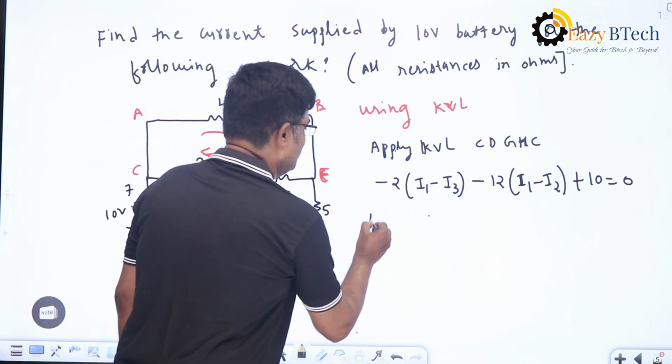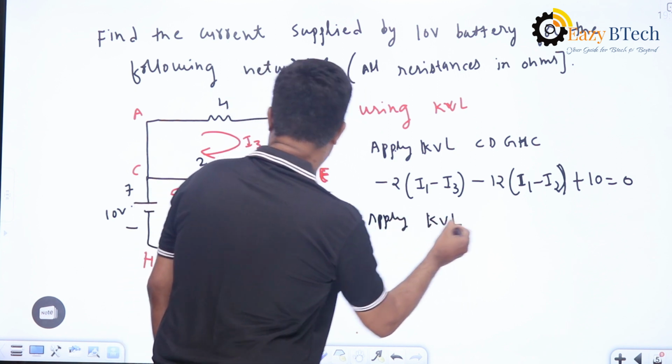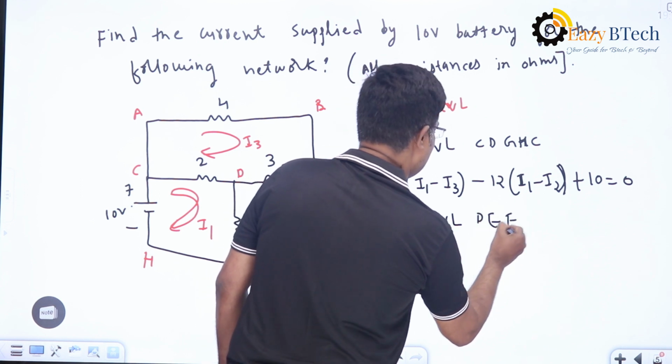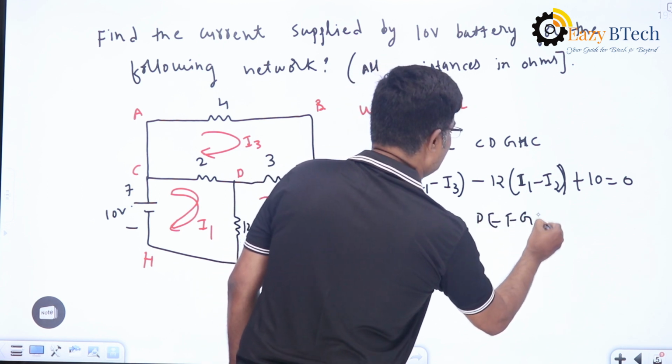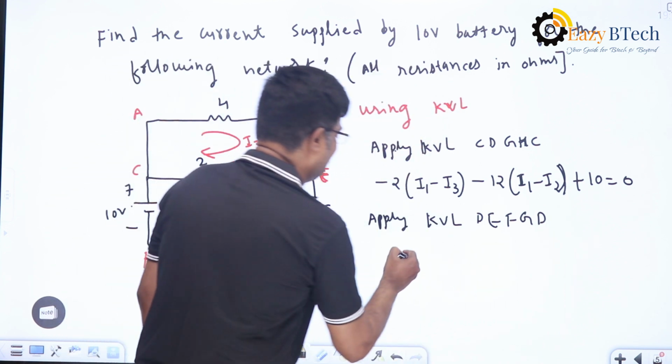Next, I am applying KVL for D, E, F, G, D. So here also what will happen?